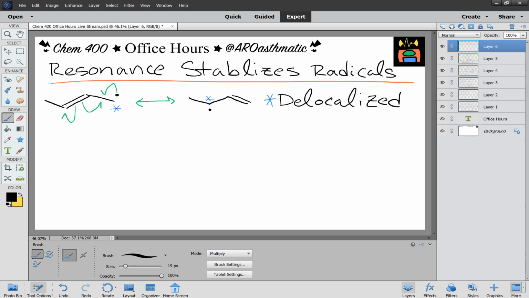So when you're asked to find the major product, we want to find the most stable radical. And when you look at this molecule, there is one spot that is a clear winner.